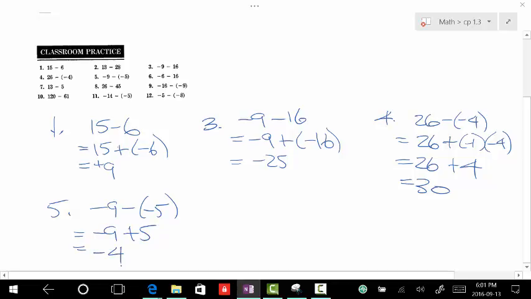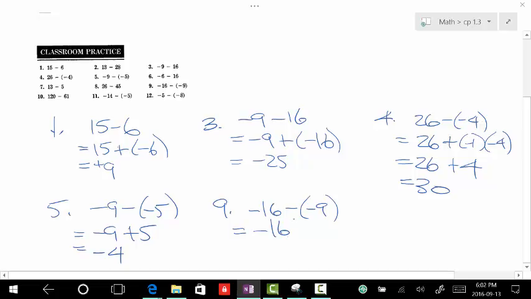Here, I'm going to do a tricky one. I'm going to do number 9. Number 9 is minus 16 minus minus 9. Well, this is going to be the same as minus 16.